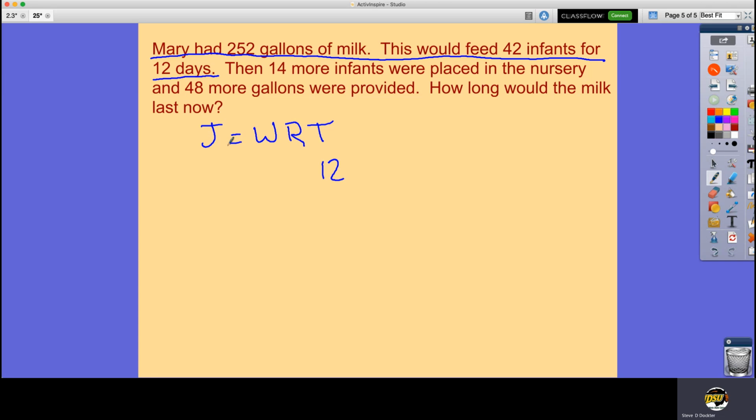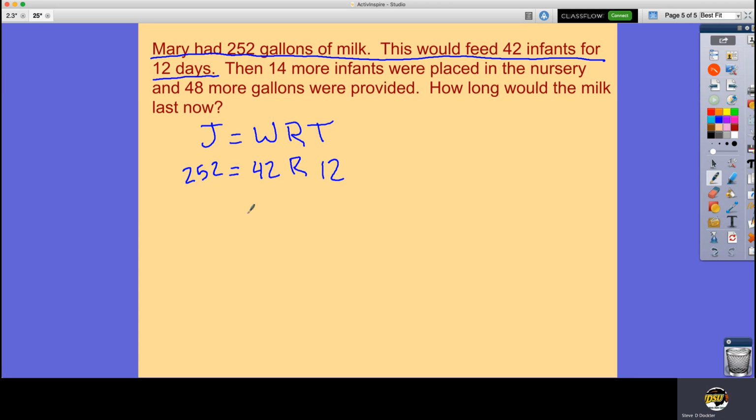It'd be the infants, okay? So you don't normally think that infants are workers, but it would be in this case because their job is to drink the milk, right? So that would mean that our job would be the 252 here. So we still have to figure out what the rate is.